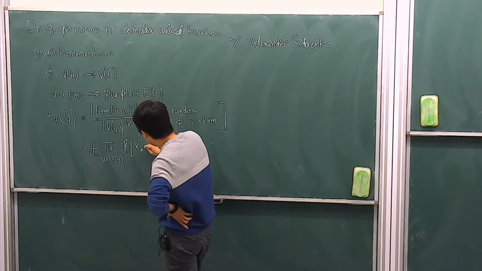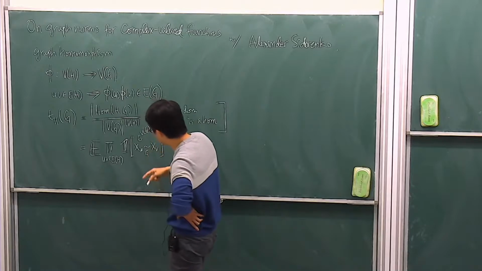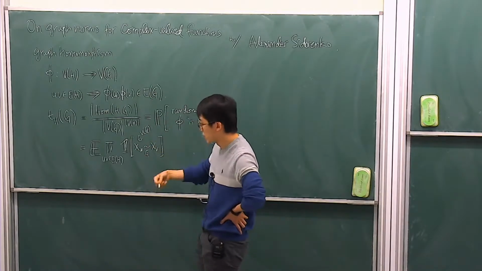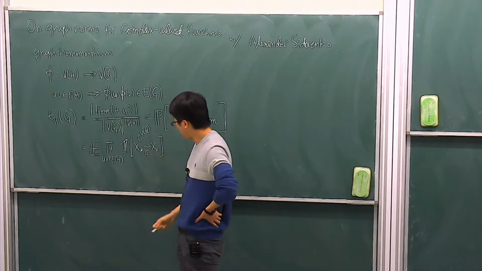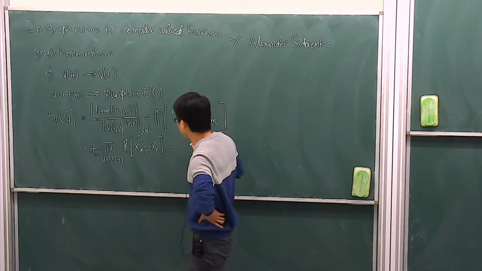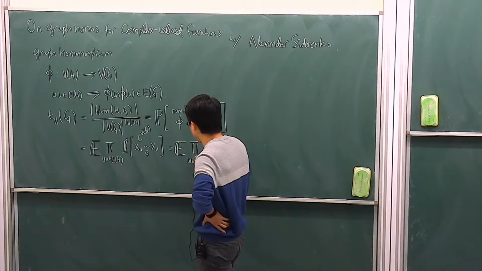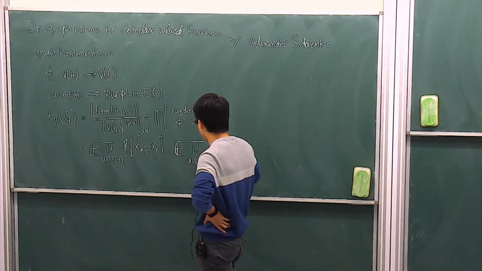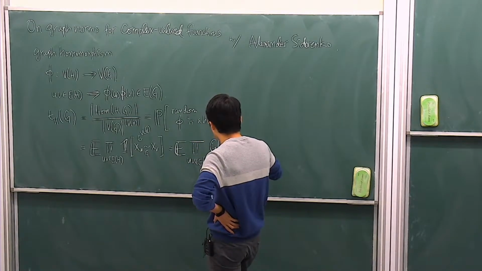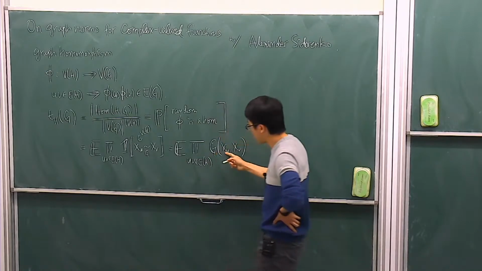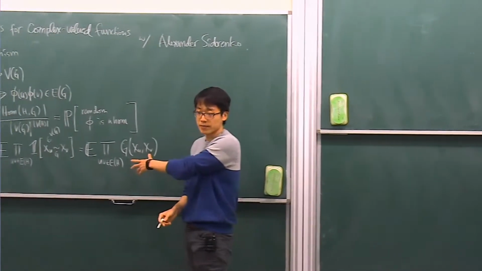And then these two randomly chosen images U and V are adjacent in G. Let me rephrase further by replacing this indicator by this. Here g(x,y) means the indicator function for edges.